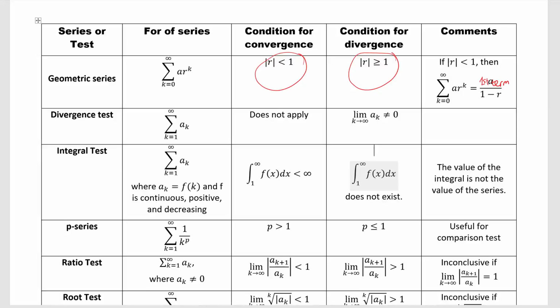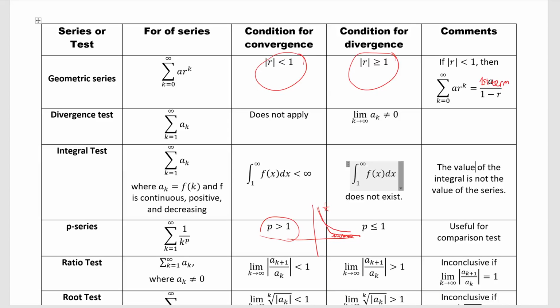For the P series, it converges if P is greater than 1, and diverges if P is less than or equal to 1. Why? If you remember, 1 over x is like the boundary. It diverges. 1 over x squared is smaller than 1 over x when x is greater than 1. So when it's smaller, it converges.